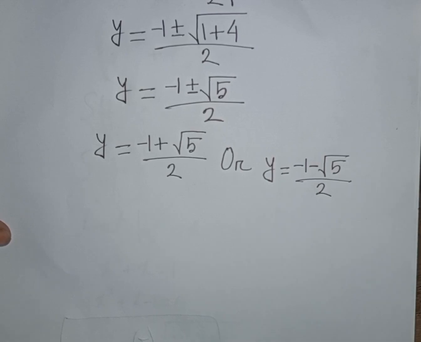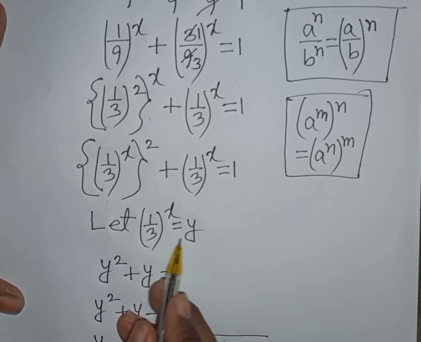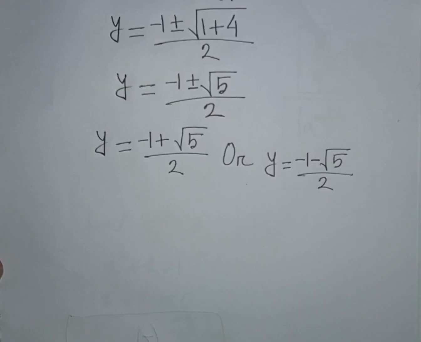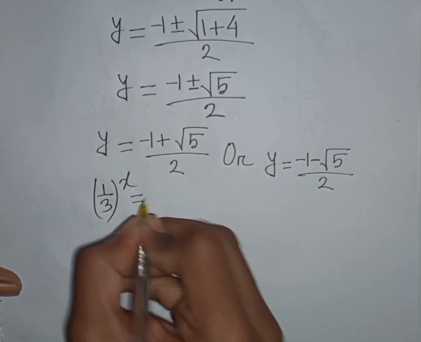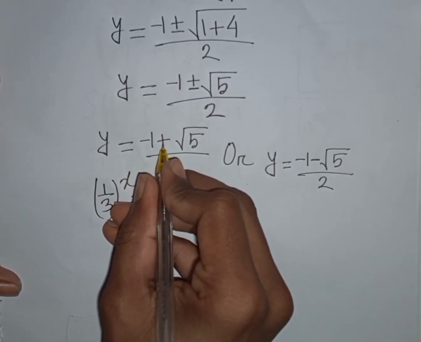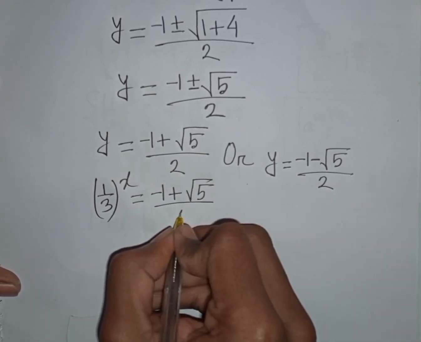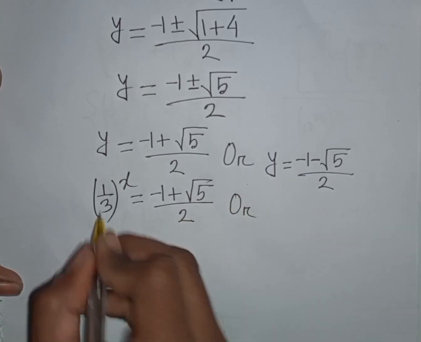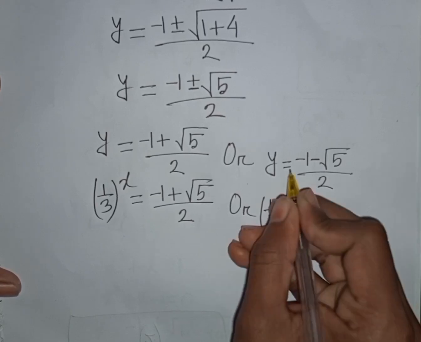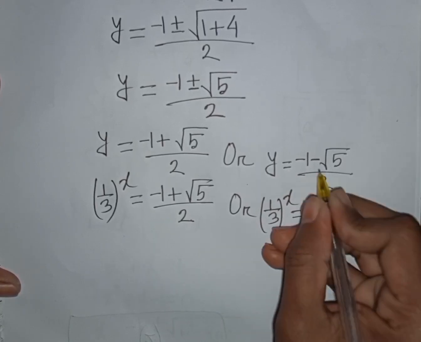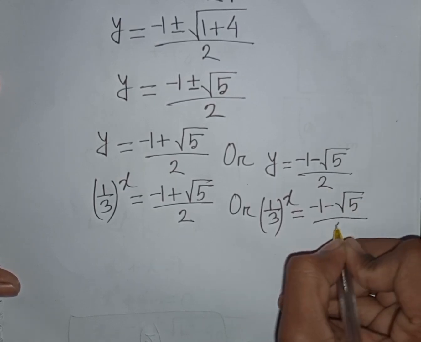Now remember that let 1 by 3 bracket power x be substituted by y. So y, that means 1 by 3 bracket power x, is equal to minus 1 plus square root of 5 divided by 2, or 1 by 3 bracket power x is equal to minus 1 minus square root of 5 divided by 2.